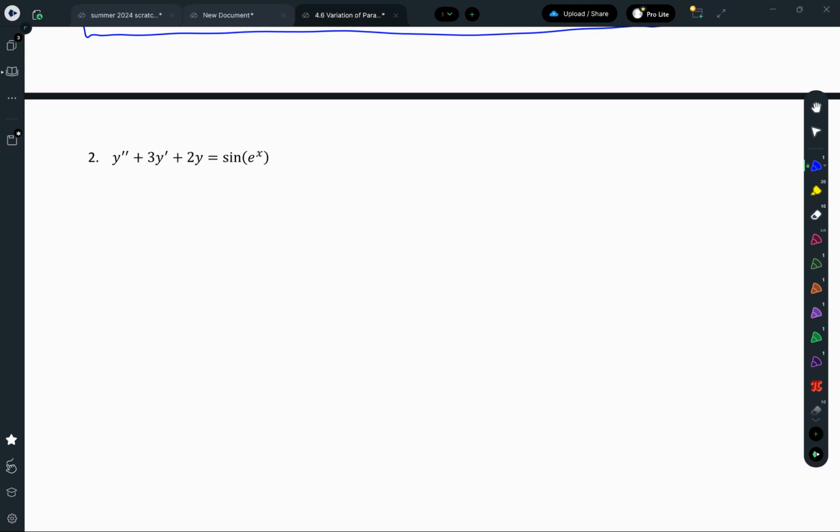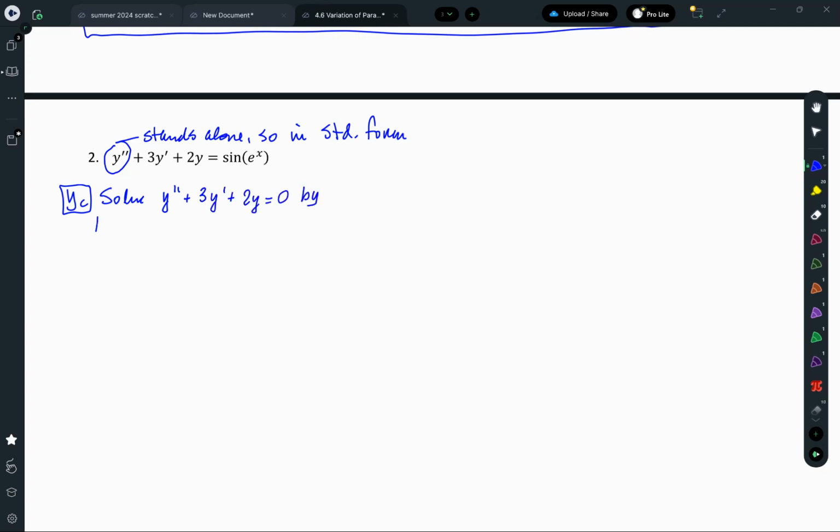So I notice that my first term stands alone. So this is in standard form, which is good. And now I can find my y sub c. Okay, so we're going to solve y double prime plus 3y prime plus 2y equals 0 by letting y equal e to the mx and substituting it and its derivatives into the associated homogeneous equation.